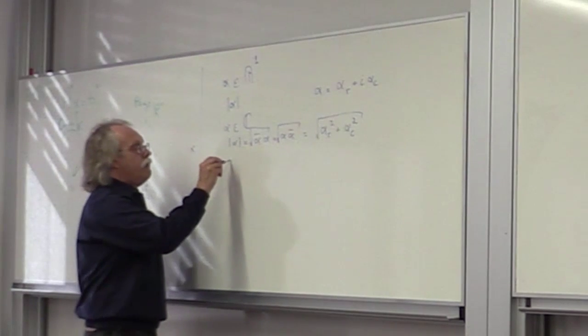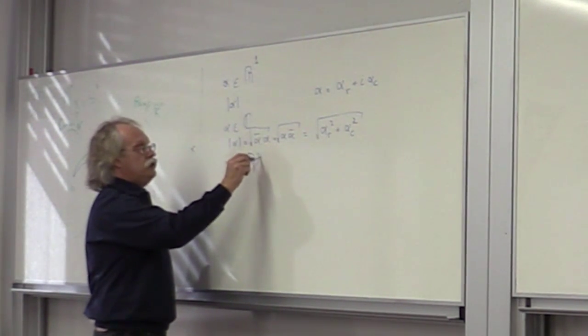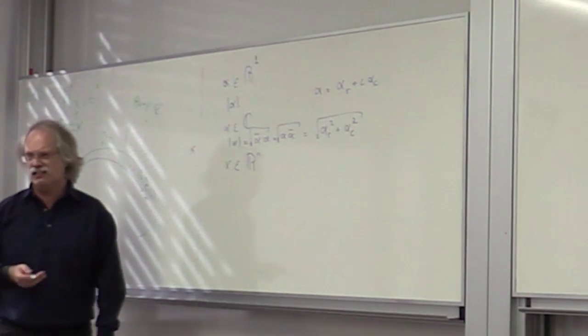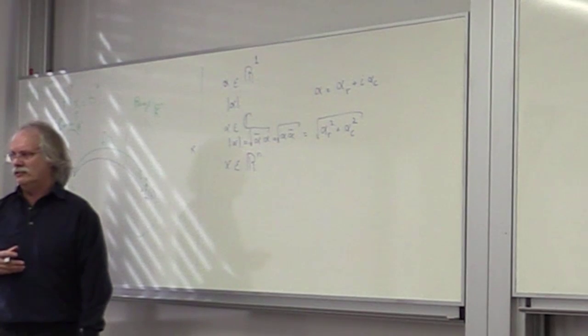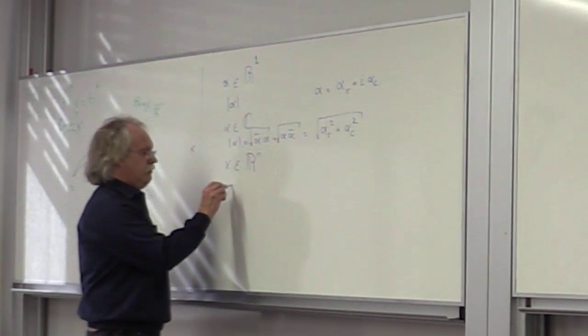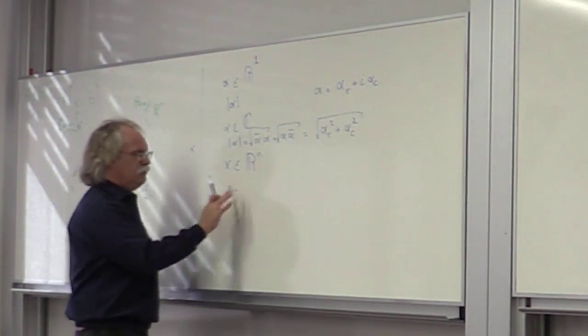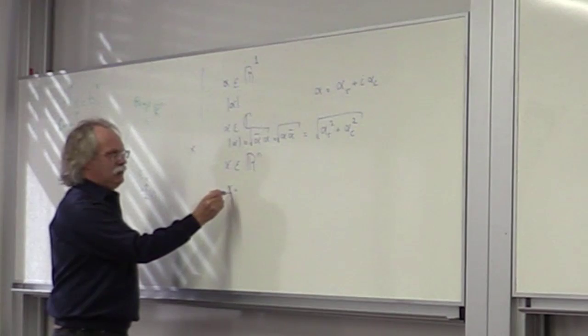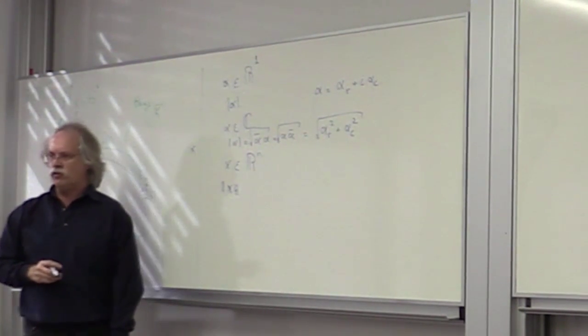We now have a vector x that is in Rn. How should we measure how big x is? We're going to use the Euclidean norm. So how would the Euclidean norm be defined? First of all, what symbol should we use? We're going to use this double bar thing for norms.